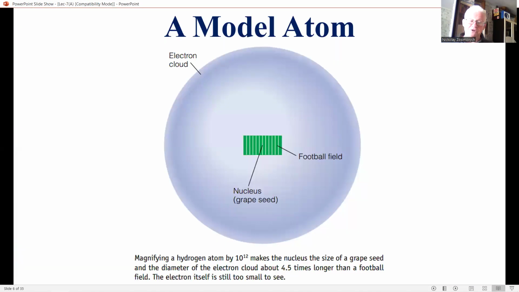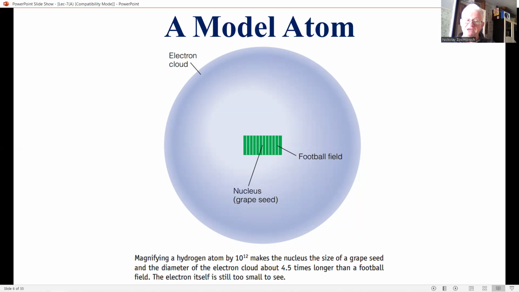Your model atom contains a positively charged nucleus at the center, which consists of 2 kinds of particles. Protons carry a positive electrical charge, and neutrons have no charge, leaving the nucleus with a net positive charge.